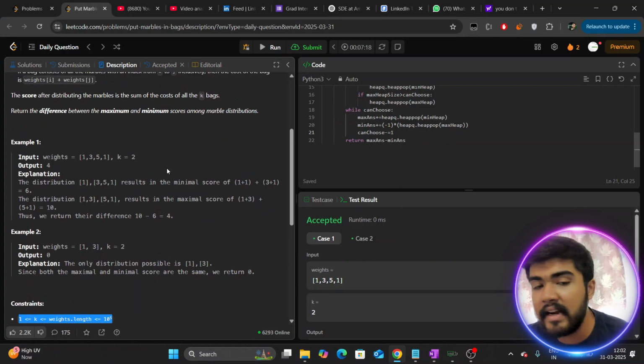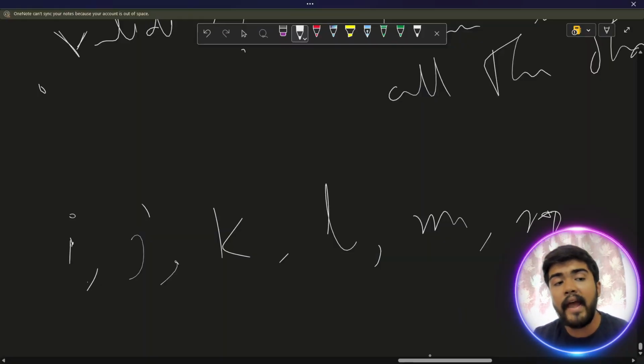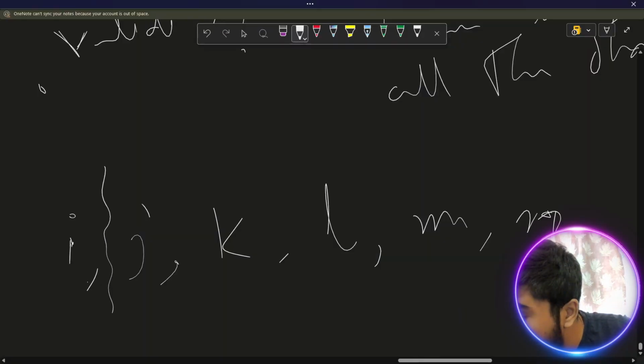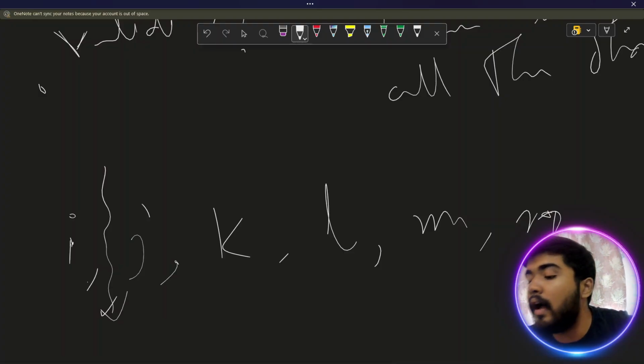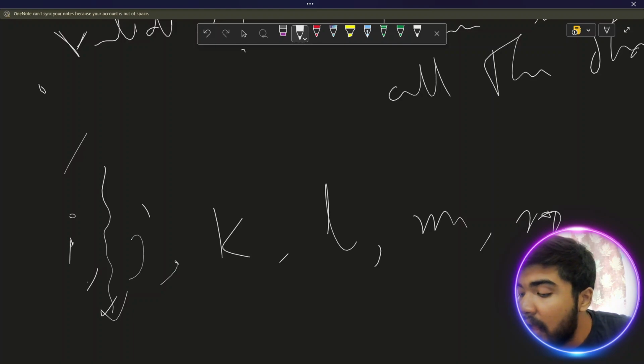Either I can make a partition here, or I cannot.